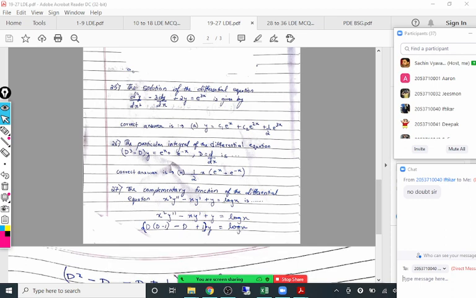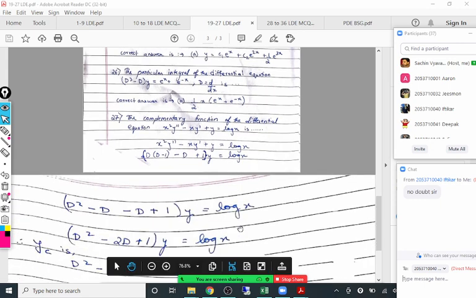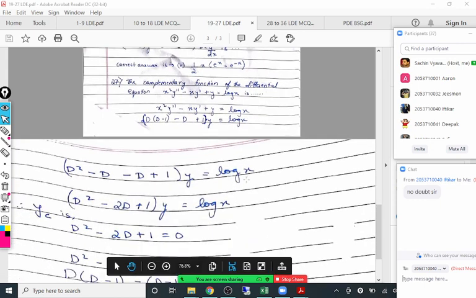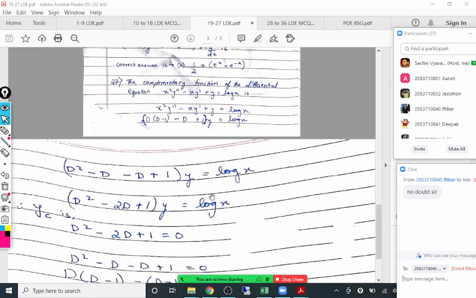Actually, as z is log x, x is e raised to z, so log e raised to z is just z. RHS is just z there, not log x.